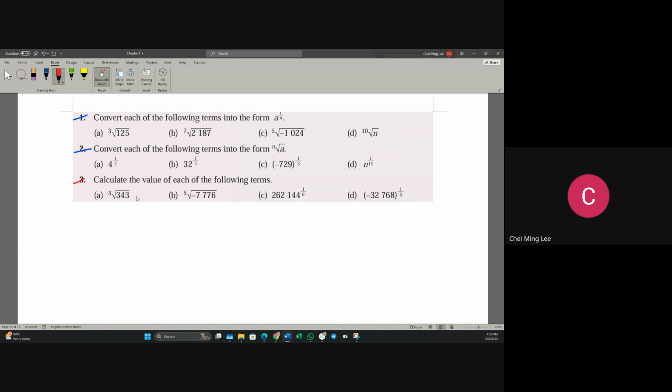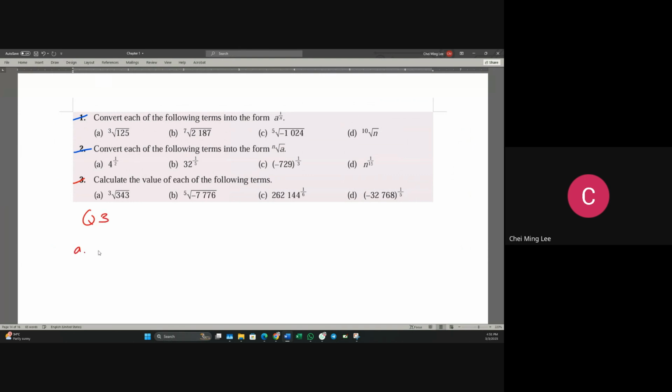Let's go to question 3. So for A, the cube root of 343. This 343 can change into 7 to the power of 3, times 1 over 3, so you should get 7.